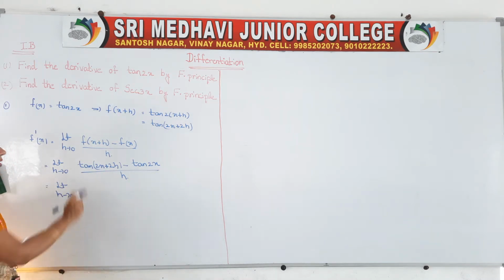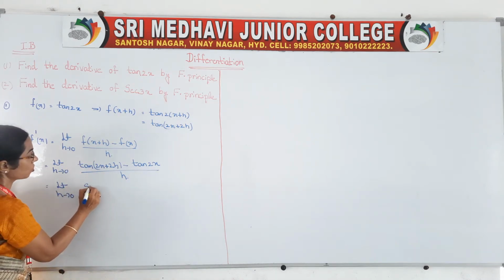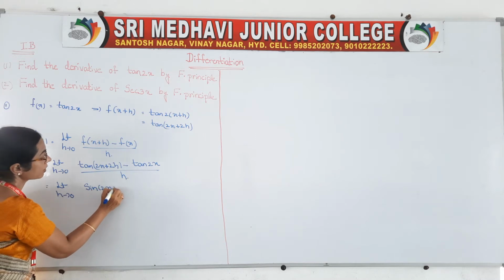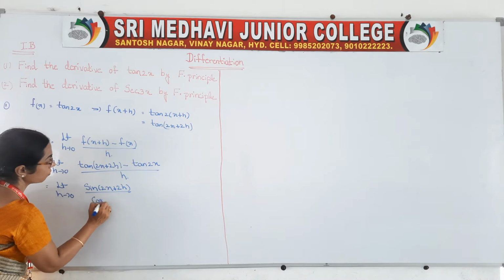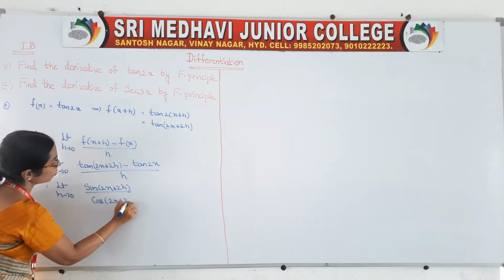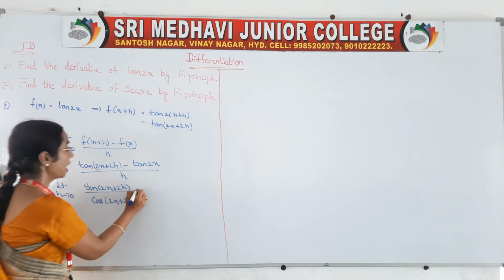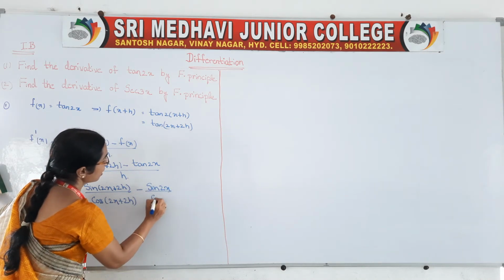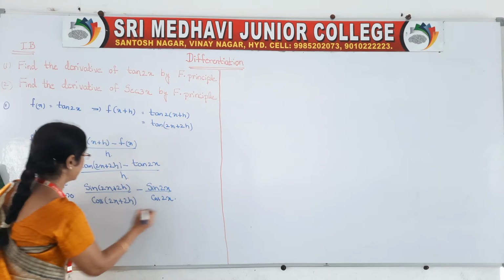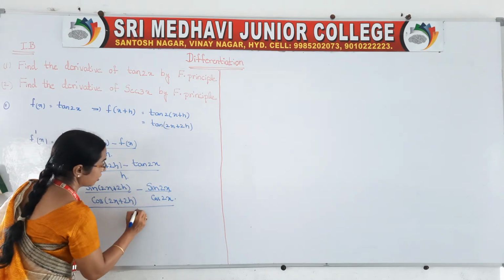Tan can be written as sin by cos. So sin(2x plus 2h) by cos(2x plus 2h), minus the same thing, sin 2x by cos 2x, all by h.